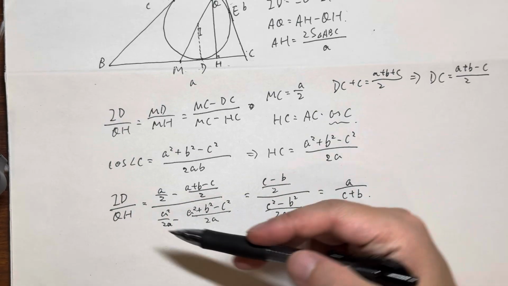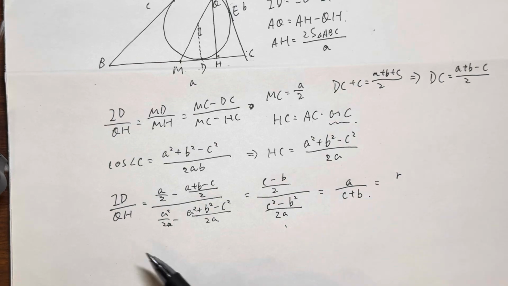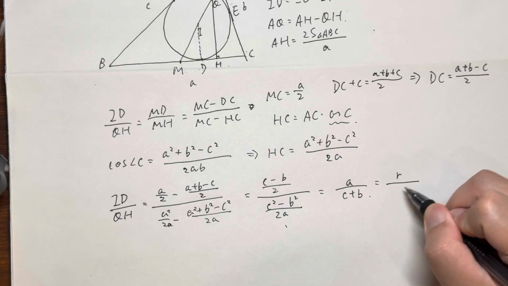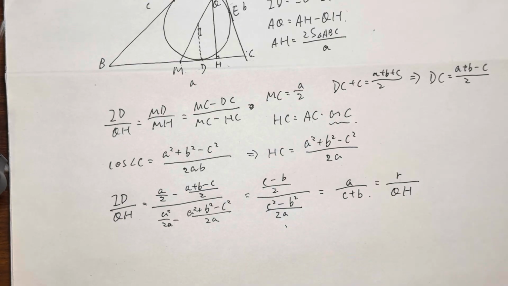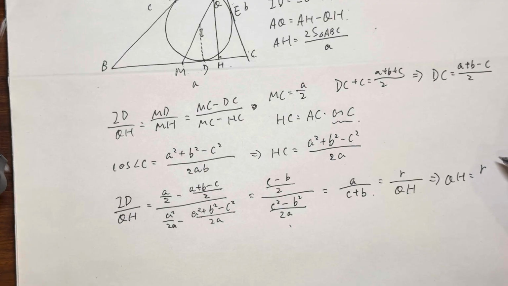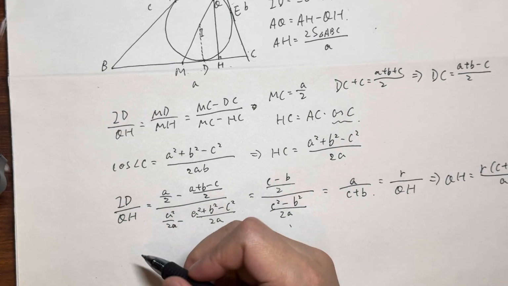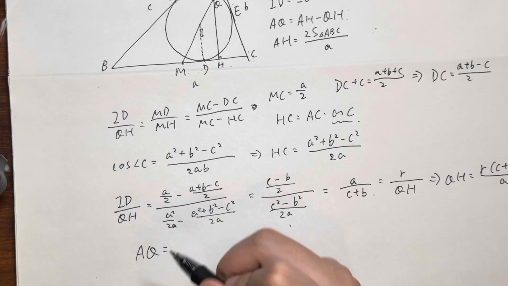And what is ID? ID is the radius of the circle I. We want to find the length of QH, which means QH equals R times C plus B divided by A. That's QH. So eventually we want to prove the length of AQ.